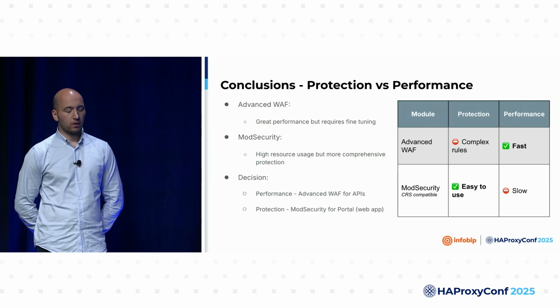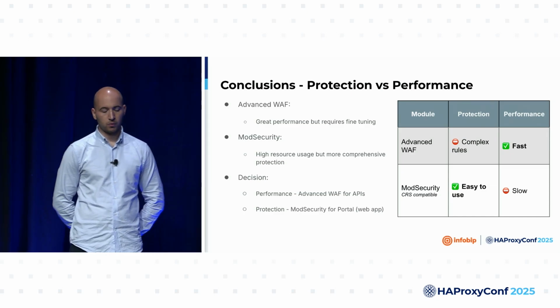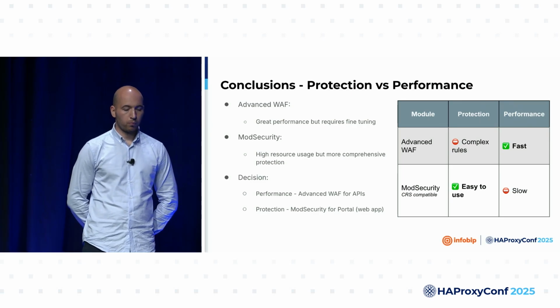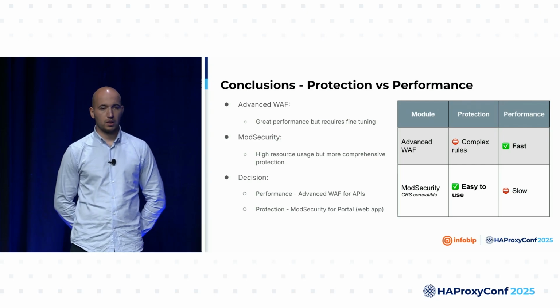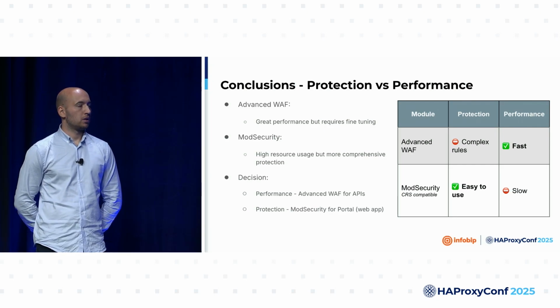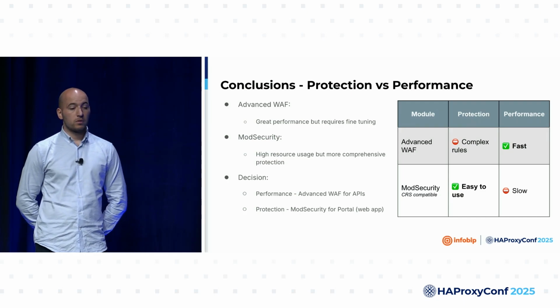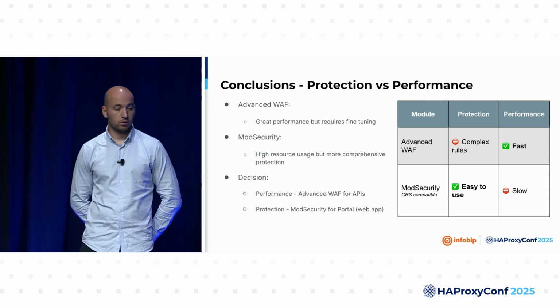Regarding our testing, advanced WAF failed on the web portal. Why? Because it was too aggressive, so we couldn't create a whitelist here, whereas ModSecurity failed on the high throughput API.